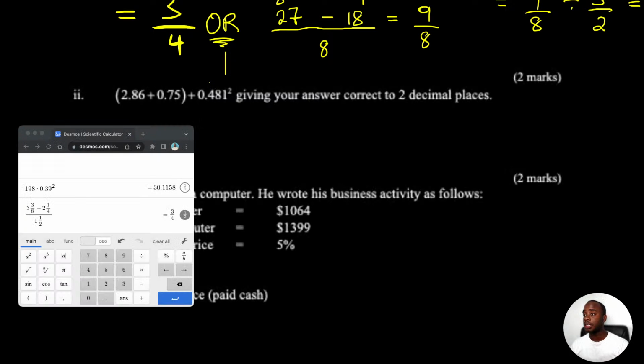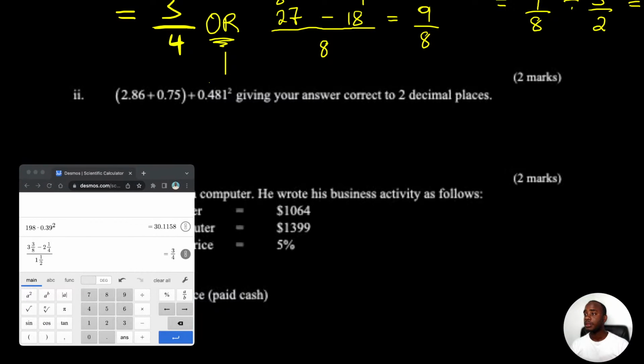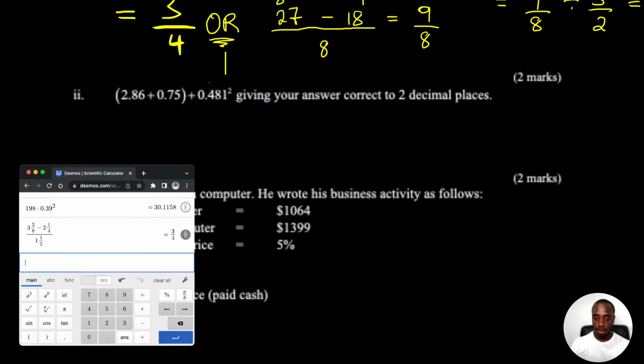So let me get a calculator. And now, that's going to be in bracket. Work with me now. 2.86 plus 0.75 plus 0.481 squared.